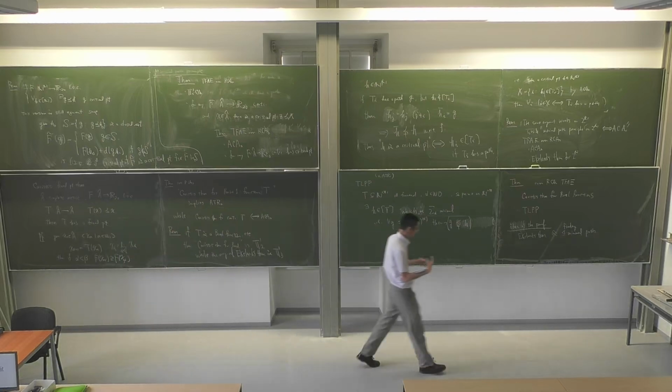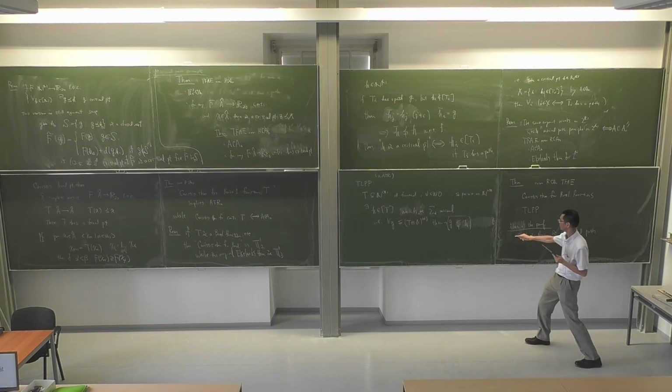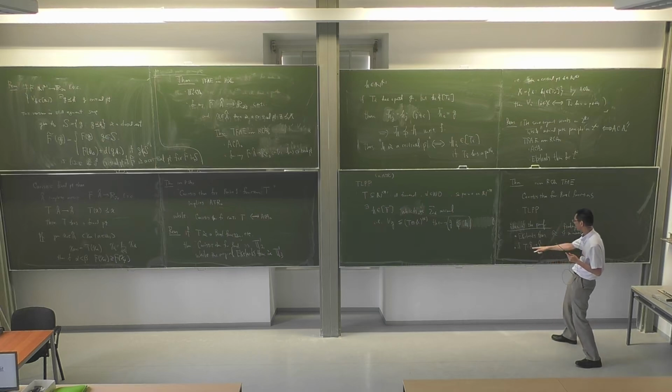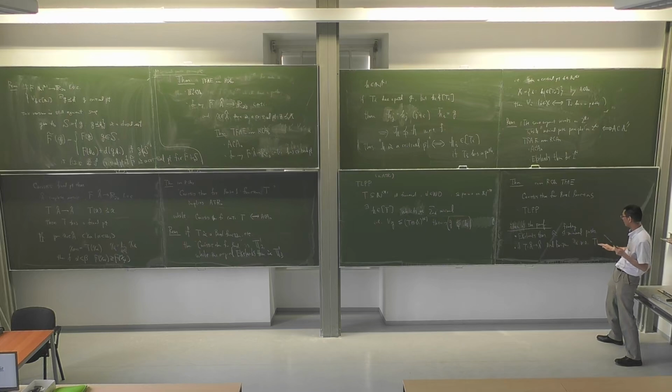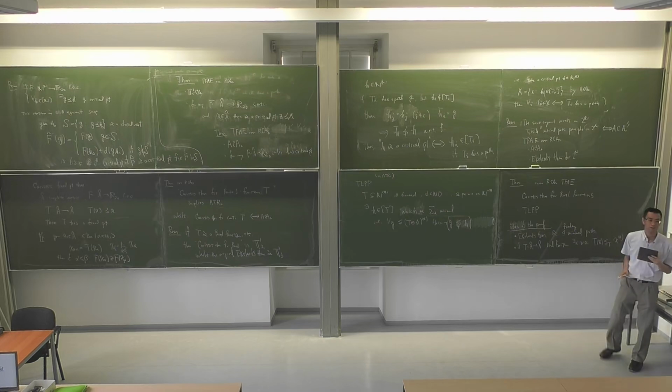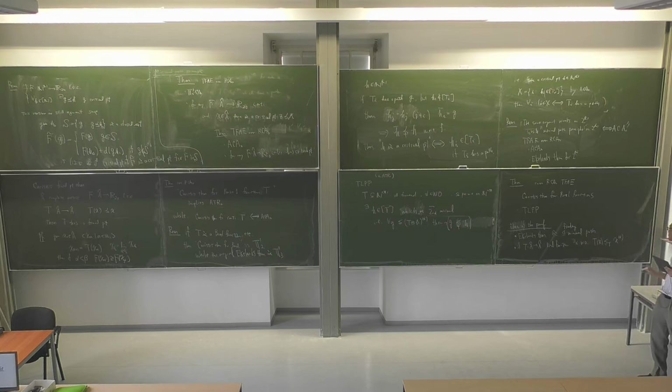If T is a Borel function, then by the definition of a Borel function, there is some well-order alpha such that T of x is always computable from alpha jumps of x, right? That's the definition of a Borel function.